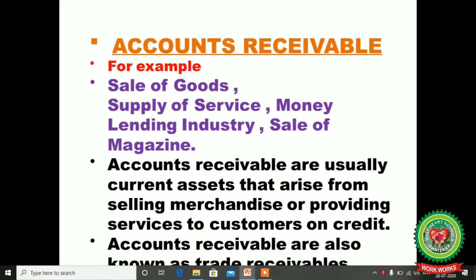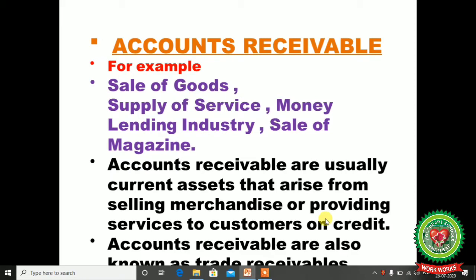Next term, accounts receivable, means someone pays you the amount which is due. Sales of goods on credit basis, supply of service, money lending, industry, sale of magazine. Accounts receivable are usually current assets that arise from selling the merchandise or providing the services to the customers on credit.